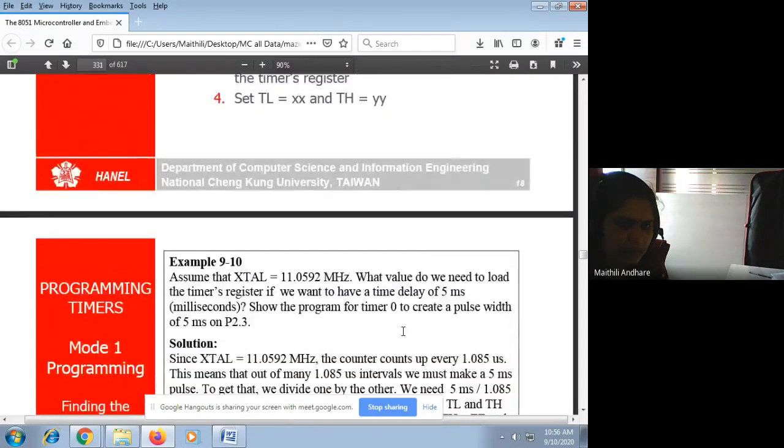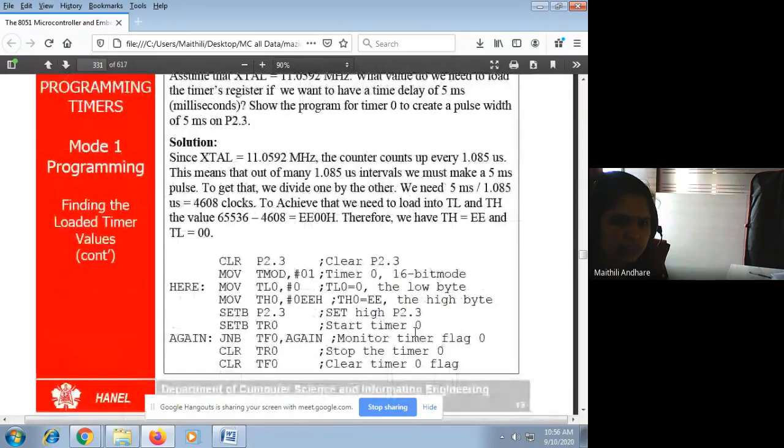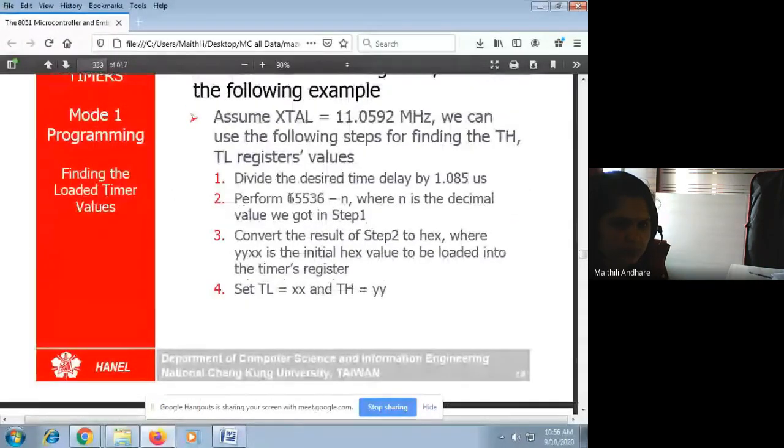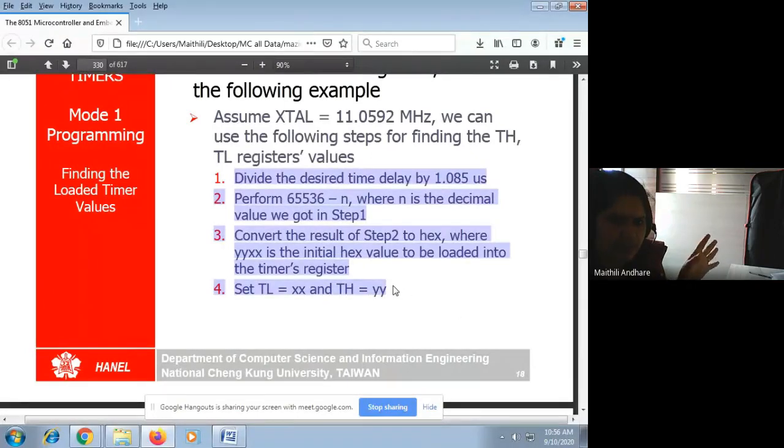So one example has been taken here. We will take this example first and then we will stop. You can just revise these steps. First of all, very simple steps. Whatever the delay is, divide that delay by 1.085 microsecond. Whatever value you get, subtract it from 65536.